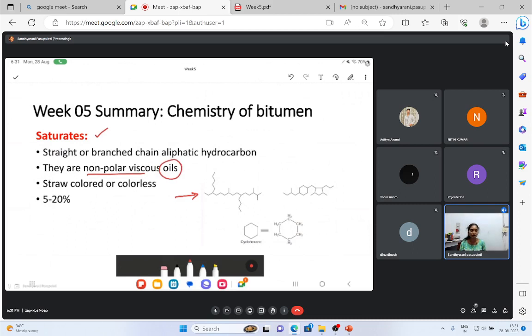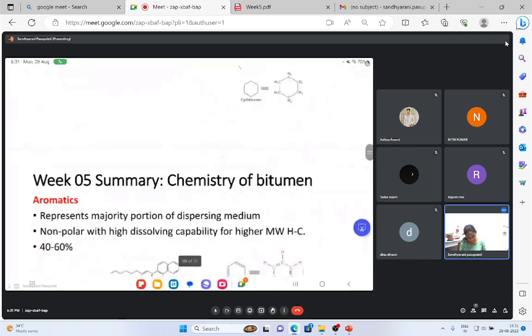When we expose these oils to higher temperature, there is a probability that the oil could be evaporated or can easily be converted into other forms. And the amount of saturates in the total bitumen, let us say bitumen is 100%, in that 100%, there is a probability that 5 to 20% can be saturates.